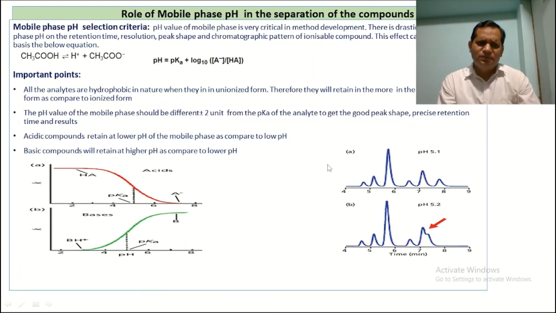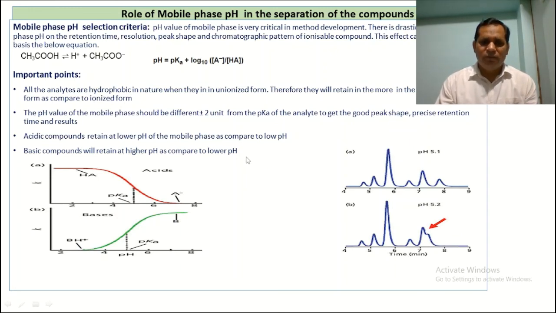The final conclusion here is that we have to select a proper buffer for all compounds, and with that particular buffer, all impurities should be separated. We have to adjust the pH of the mobile phase in such a way that all impurities get separated from each other.